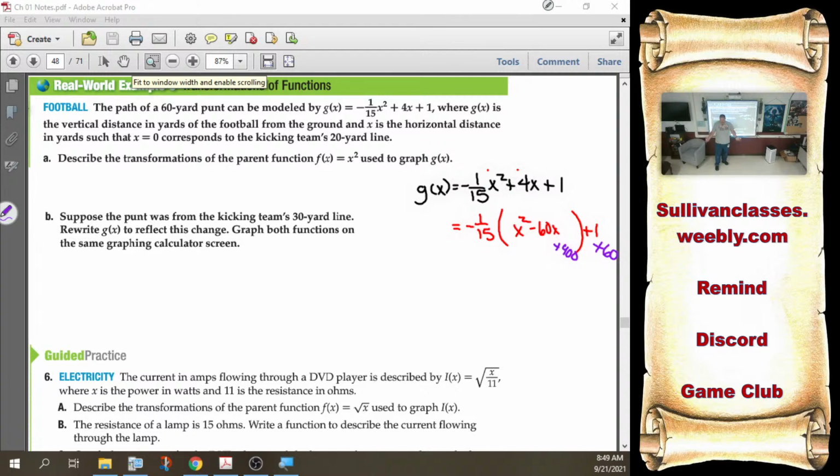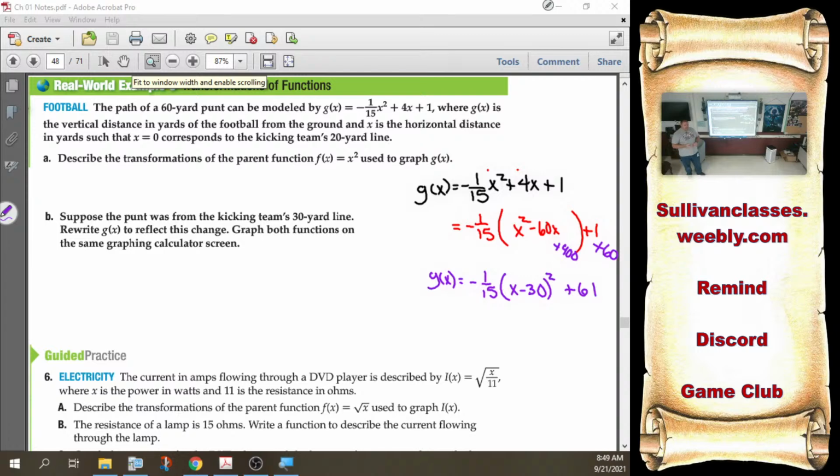That's why we always divided by A, so that we didn't have to deal with this. So adding 900 in here allows me to say x minus 30, the quantity squared. I didn't really add 900, I subtracted 60, so I add 60 out here to undo that.